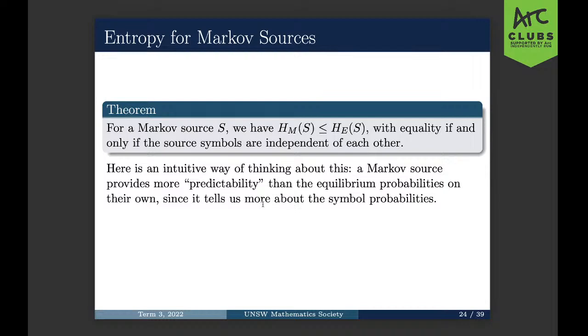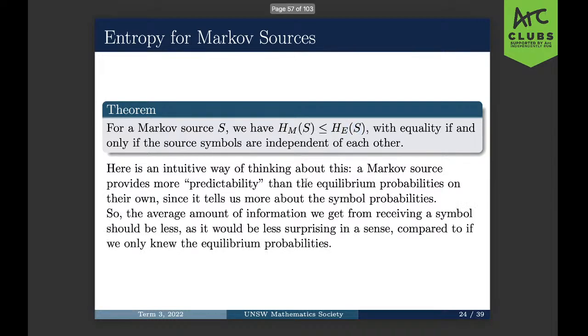So the information in a Markov source is going to be less than or equal to the equilibrium. We know more about the source, therefore it's less surprising compared to if we know only the equilibrium probabilities.